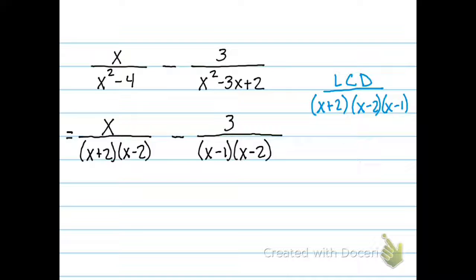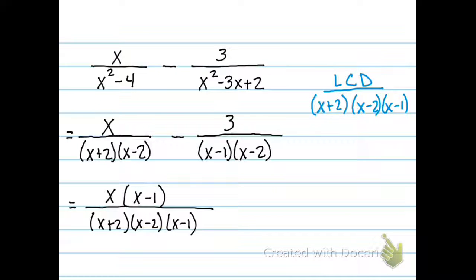So now we need to rewrite each of these so that they both have the LCD as its denominator. So looking at this first denominator here, the only factor it's missing in the LCD is x minus 1. So we're going to multiply this first rational expression by x minus 1 over x minus 1. And so we need to multiply the numerator by x minus 1, and we're also going to multiply the denominator by x minus 1.